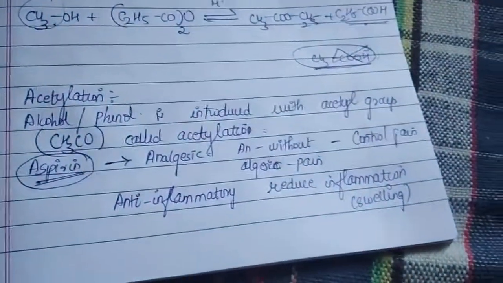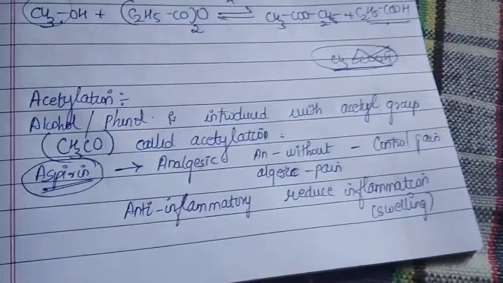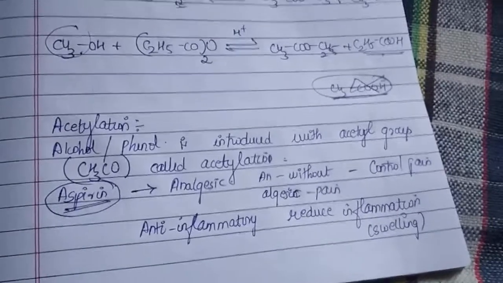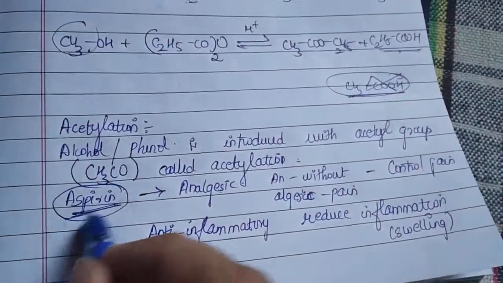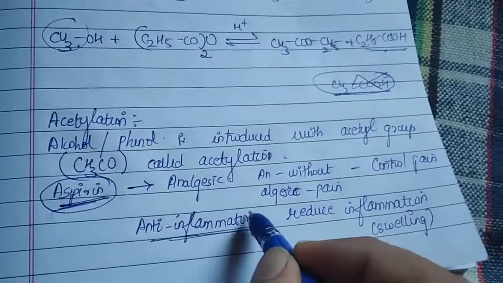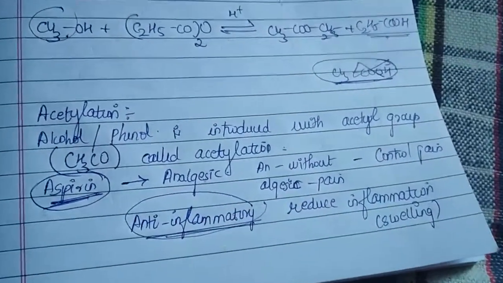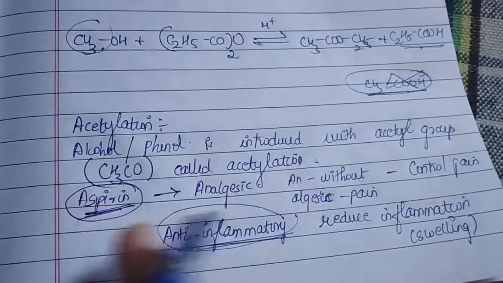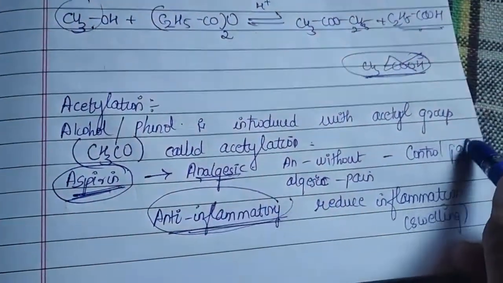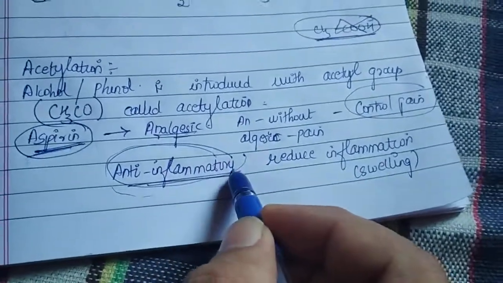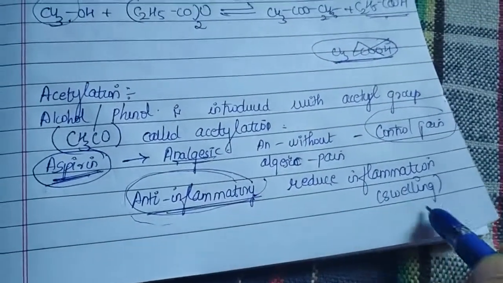Whenever your body has wounds, there will be rapid swelling, which is very painful. To reduce that swelling, aspirin is used, and as a medical term we say anti-inflammatory. So aspirin acts as an analgesic, which controls pain, and also as an anti-inflammatory, which reduces the swelling.